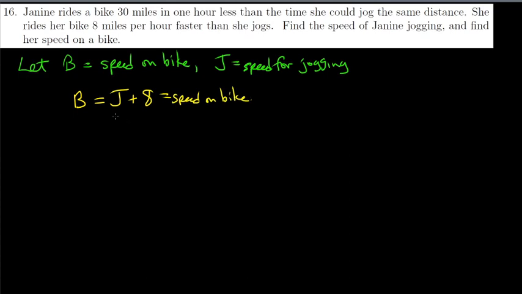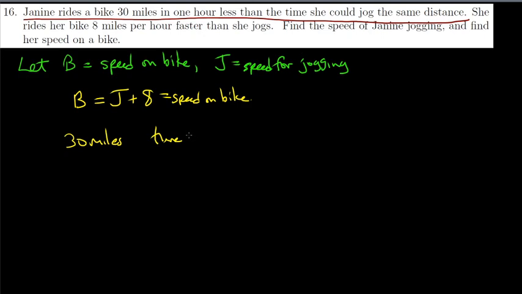Okay. Now, it's the first statement that we've got to really be careful about here. Janine rides a bike 30 miles in 1 hour less than the time she could jog the same distance. So what does that mean? It means that the distance, so we're talking about distance here, is 30 miles, and the amount of time is 1 hour less than the time for jogging.